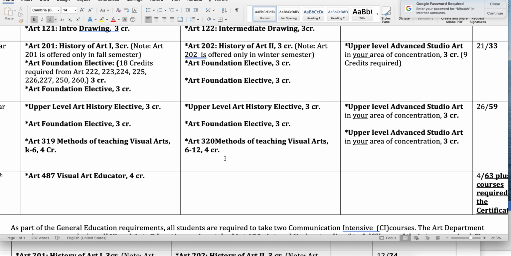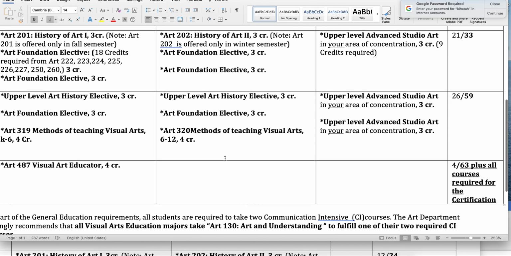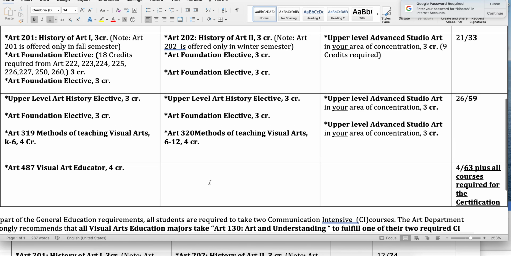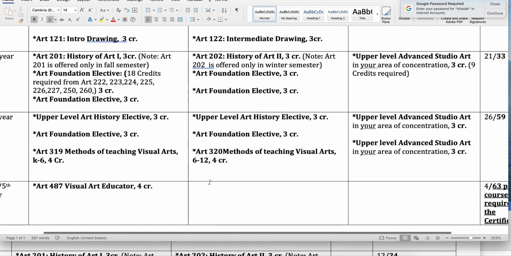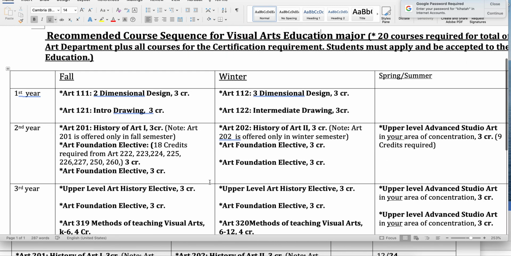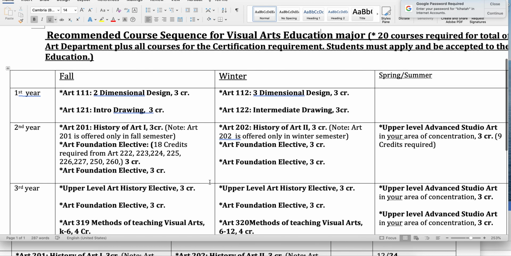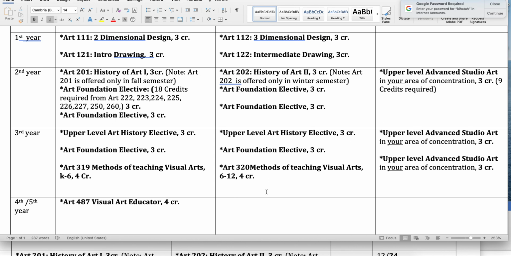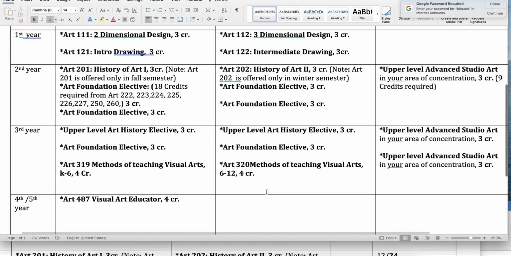Okay, and the bottom one is the same, recommended out 130. If you are in this major, as I said, you've got to always be in contact with the chair of the department. Make sure you're taking the right courses, and also you have to be in contact with the certification officer in the College of Education.